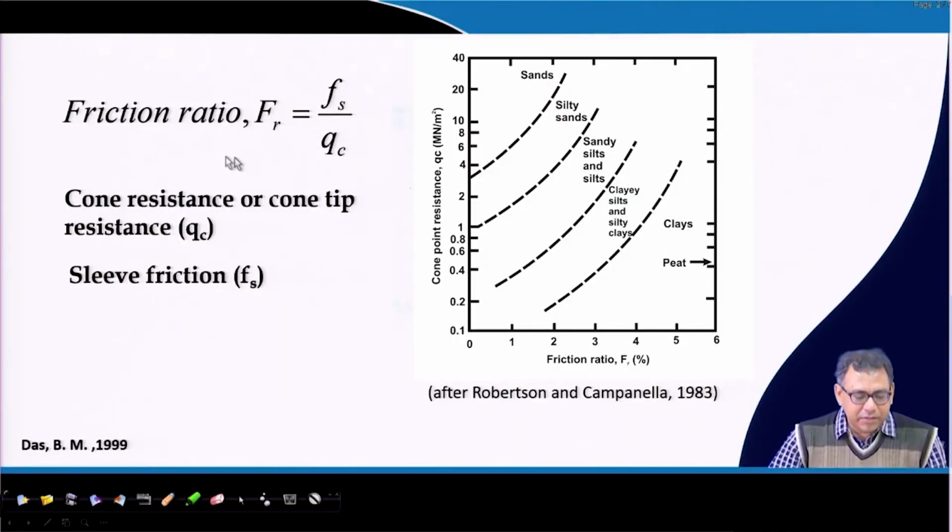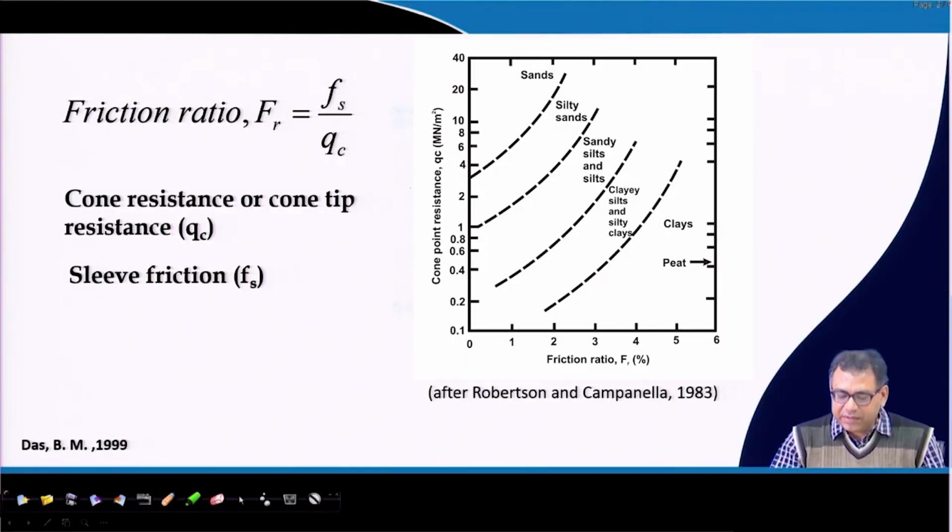Then the friction ratio is the ratio between the friction resistance or the sleeve friction, Fs, and the cone resistance or tip resistance, QC. Sometimes it is called tip resistance also. If I get this friction ratio Fr, and I know the cone resistance QC, then we can identify which type of soil it is.